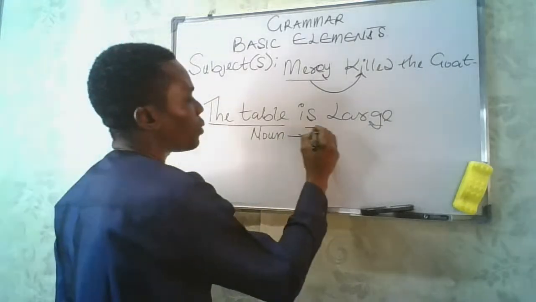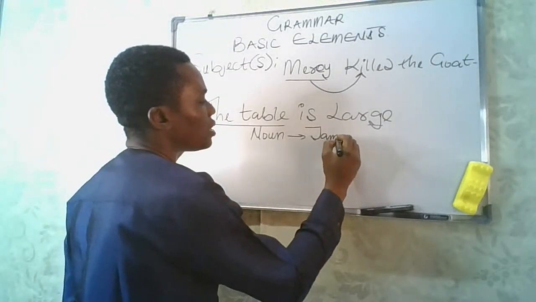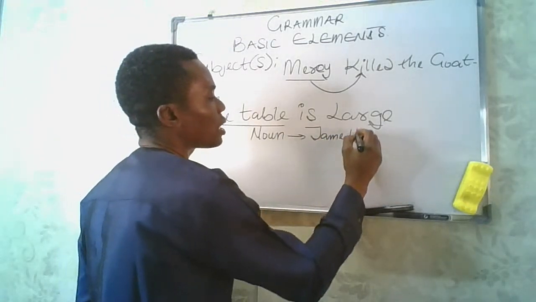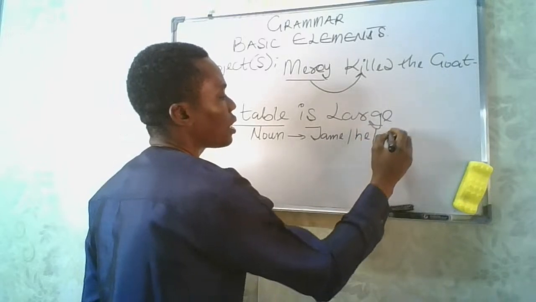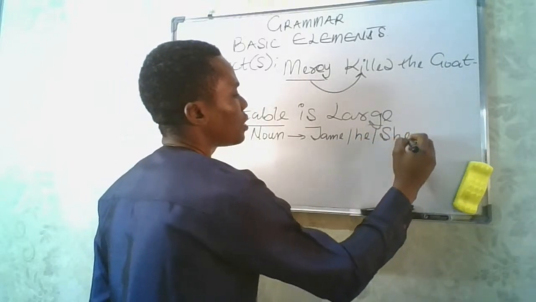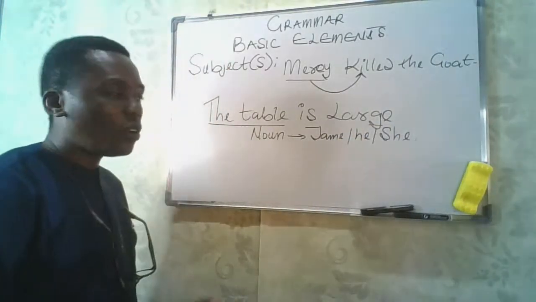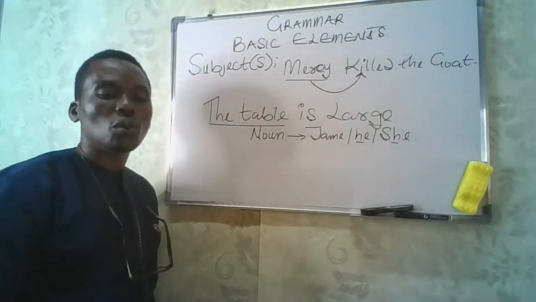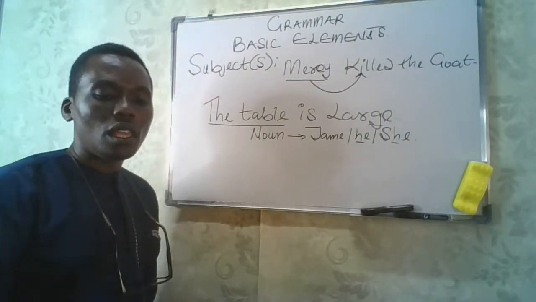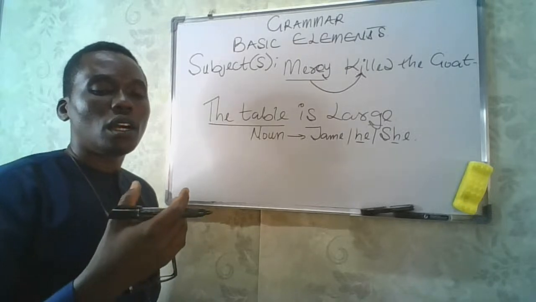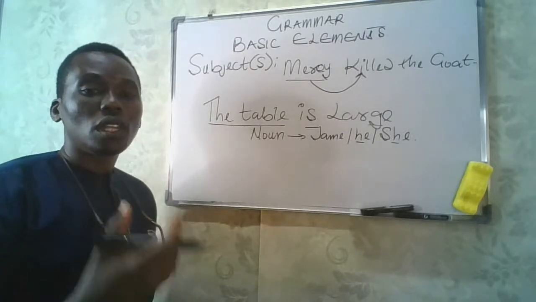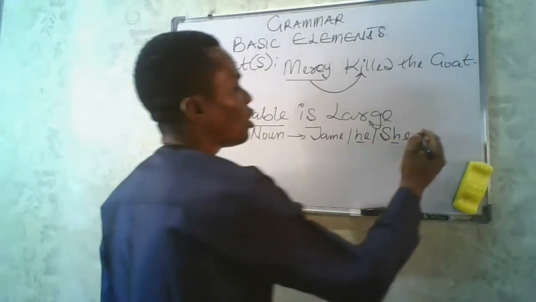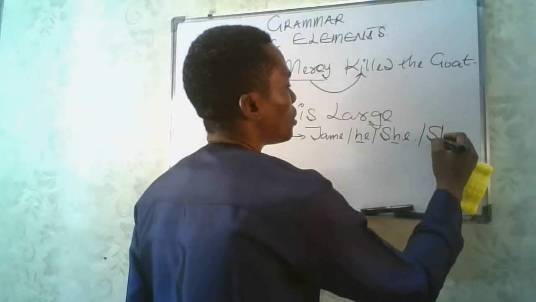Take, for example, it can be the name of a person, James. It can be he, it can be she, which are all what? Which are all pronouns. So it can be James, he, she, or we can still say Shola.